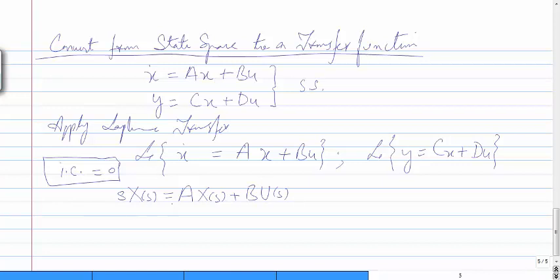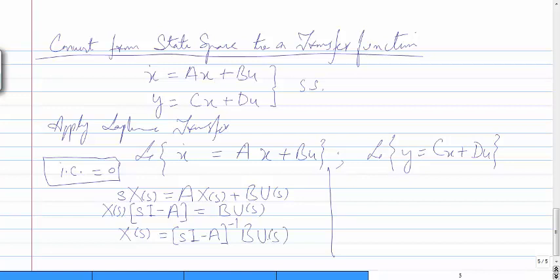From here, if we do a little manipulation, we take this to this side, so X of s, because these are matrices, we have to multiply by the identity matrix so that we can do the subtraction, is equal to B U of s. Or we can say that X of s can be written as (sI minus A) whole inverse B times U of s.